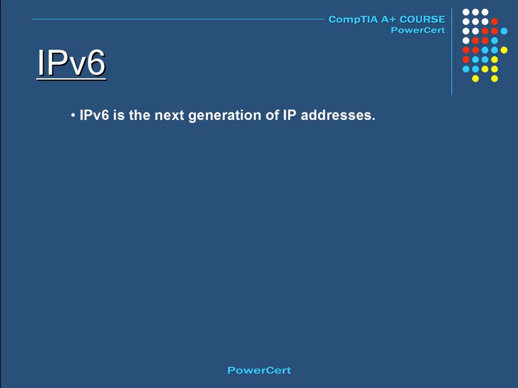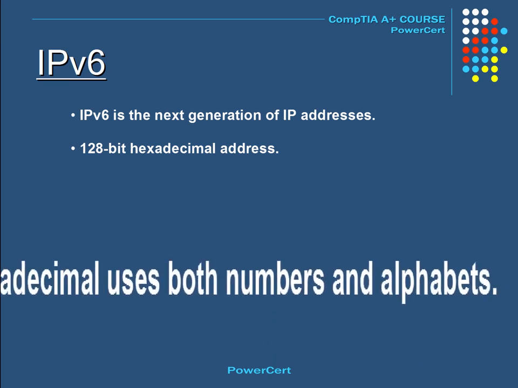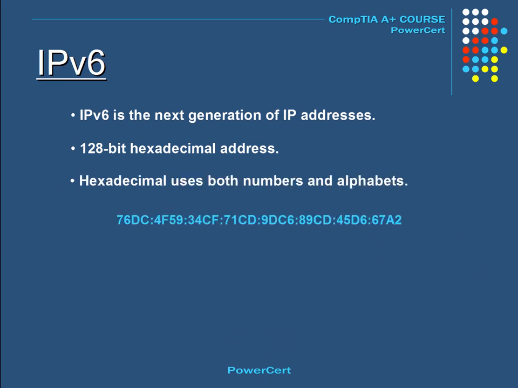The main difference between IP version 4 and IP version 6 is the length of the address. The IP version 4 address is a 32-bit numeric address, whereas IP version 6 is a 128-bit hexadecimal address. Hexadecimal uses both numbers and alphabets in the address.